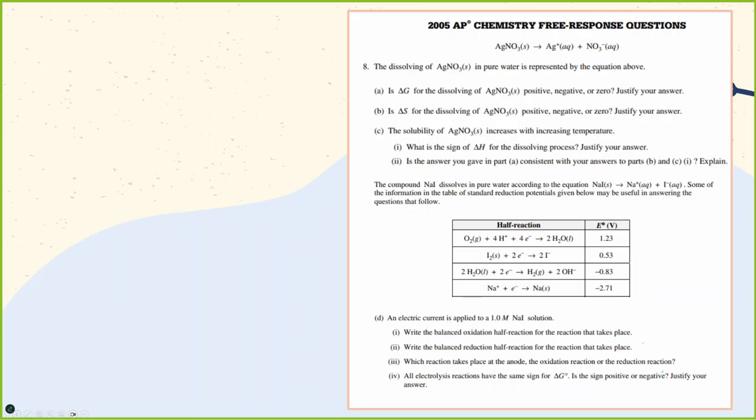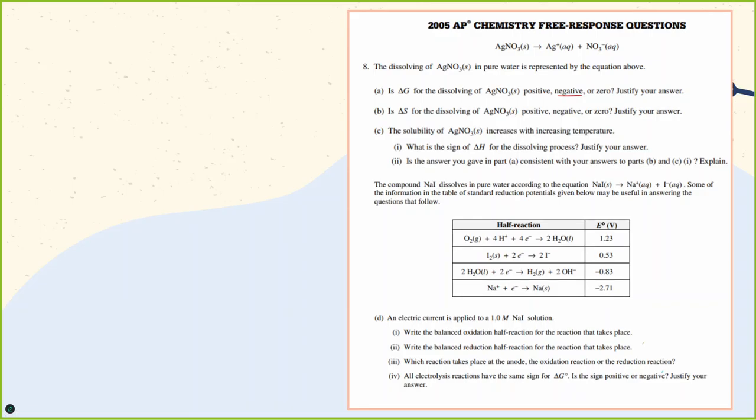Okay, now I get where they're going with this one. What do we know about nitrates? Nitrates are always soluble. Nitrates always dissolve. They are one of the snap ions. So this process is spontaneous. It does occur. It's going to happen. So it would be negative.